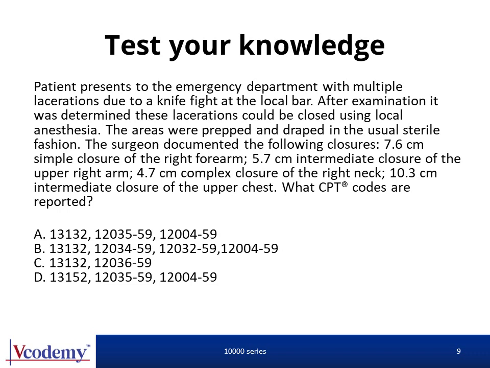So 7.6 centimeter simple closure of the right forearm, that is one code. 5.7 centimeter intermediate closure of the right upper arm, 4.7 centimeter complex closure of the right neck, 10.3 centimeter intermediate closure of the upper chest, which is the trunk. So two intermediate closures are there, so you can add up 5.7 and 10.3, which is 16 centimeter.